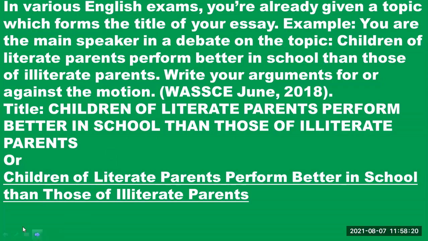Children here is capitalized. That's the first word, and also is a noun. Then of is a preposition. It belongs to the function words, so it's not capitalized. Literate is capitalized, it is an adjective. Parents is a noun, so it's capitalized. Perform is a verb, it is capitalized. Better is an adjective, it is capitalized, which means it begins with a capital letter. In is a preposition, so it's not capitalized. School is a noun, it is capitalized.